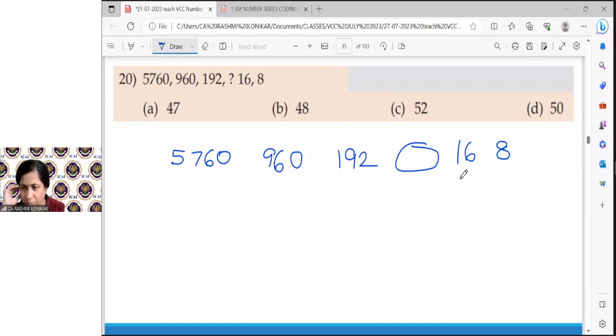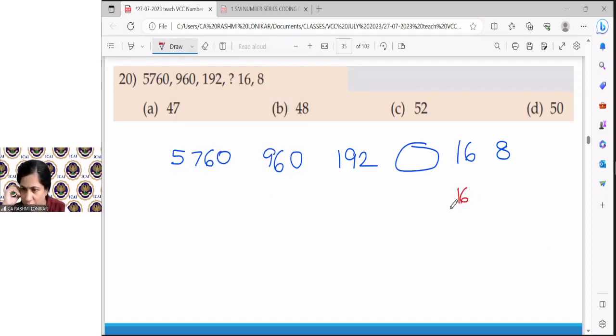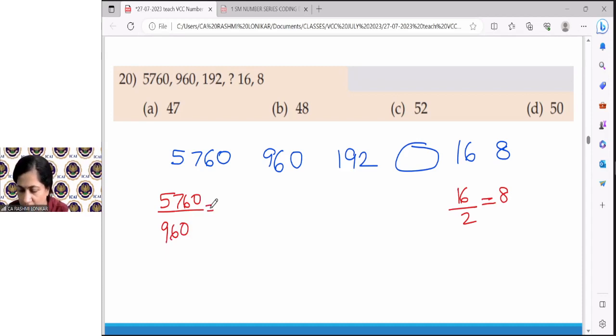So 16 upon what will give you 8? 16 divided by 2 is equal to 8. Let us see. 5760 upon 960, how much do I get? 5760 divided by 960 gives me 6.